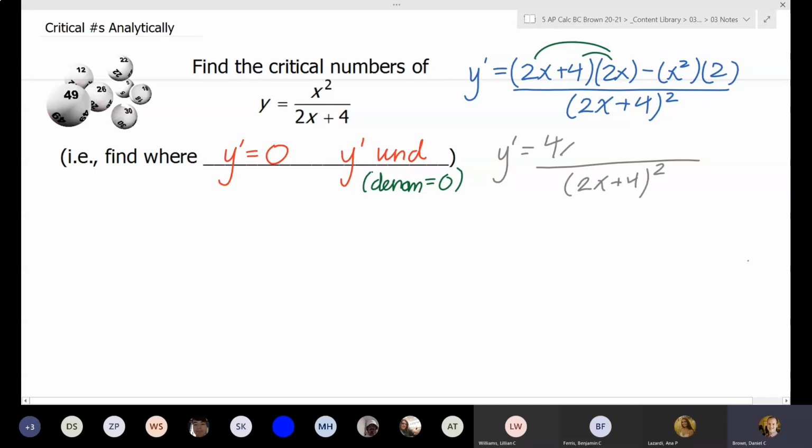And so I have 4x squared plus 8x minus 2x squared. Combining like terms, 4x squared minus 2x squared is 2x squared plus 8x, all over (2x plus 4) squared.